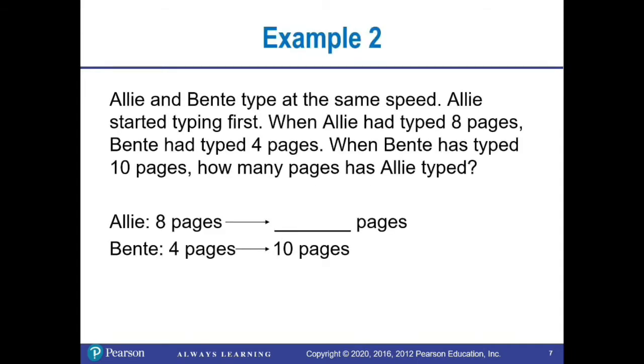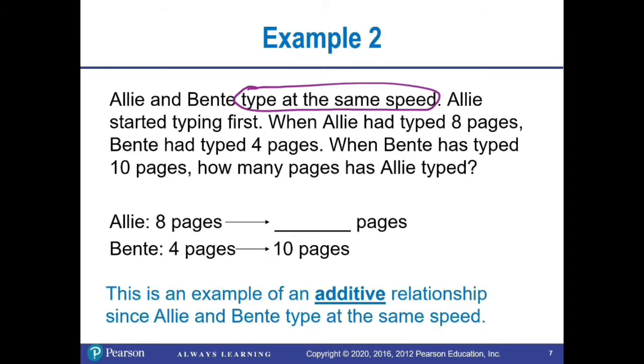Let's suppose that Allie and Binti type at the same speed. Allie started typing first. When Allie had typed 8 pages, Binti had typed 4. When Binti has typed 10 pages, how many pages has Allie typed? Now notice here, Allie and Binti are typing at the same speed.